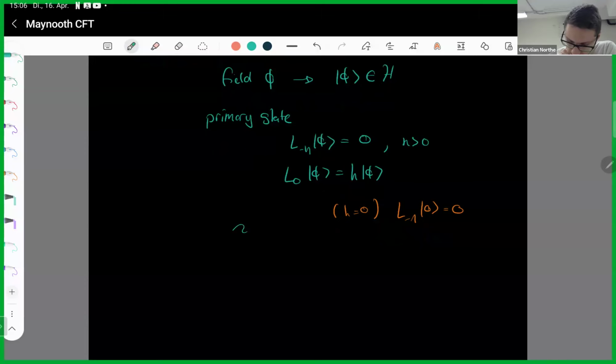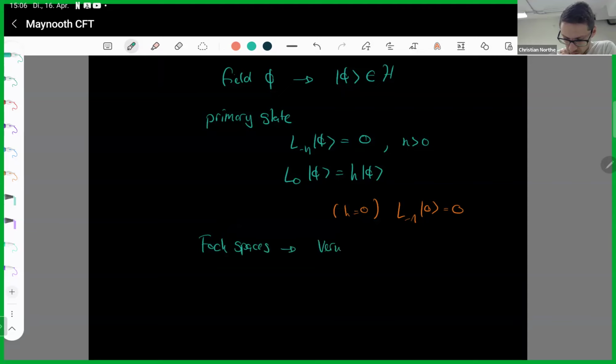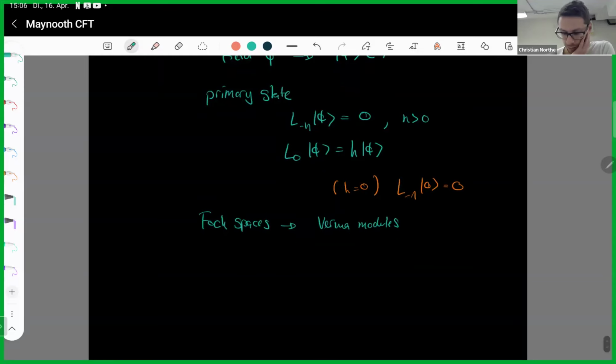But more importantly, we learned that we can build Fock spaces, which are called Verma modules, on top of a primary. So how does that go? We take the field phi and we act on it with the Virasoro modes.